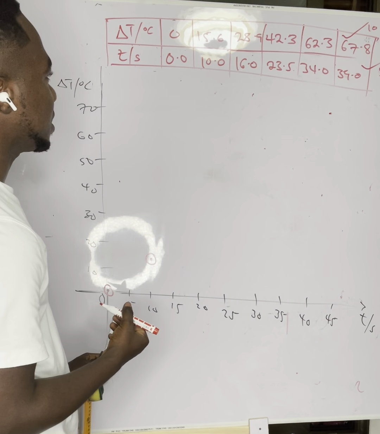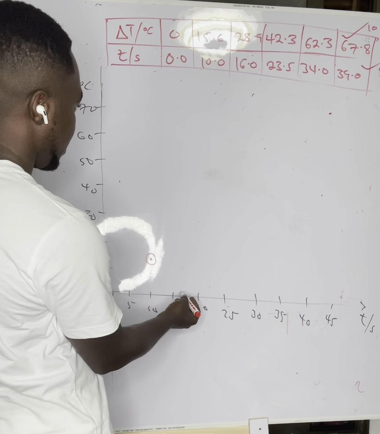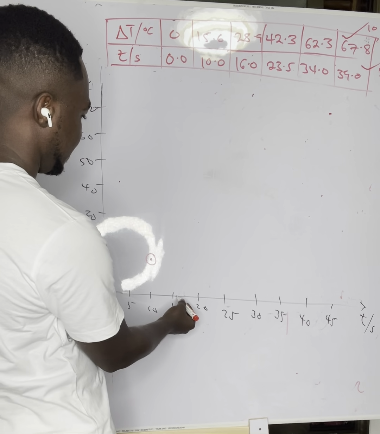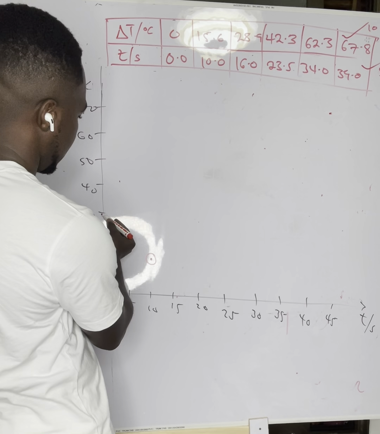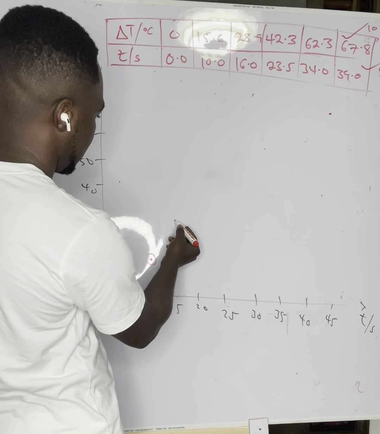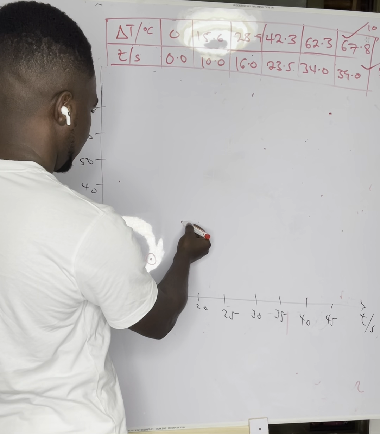Then 16.0 against 28.9. 16 will be somewhere here. There's 28.9, so almost 29. Somewhere here is okay.